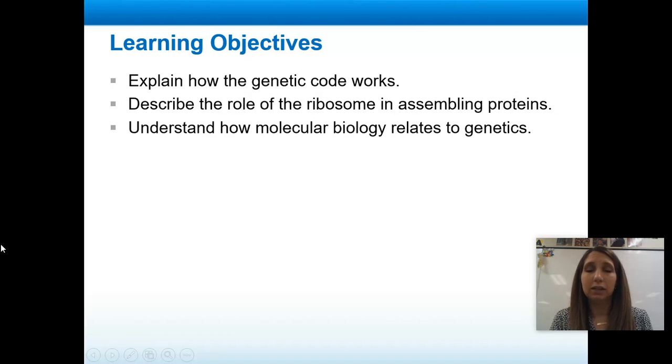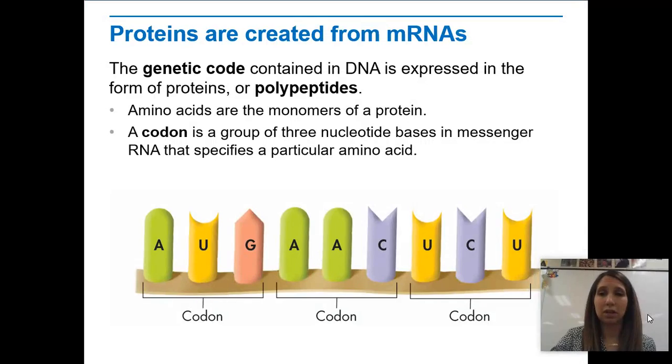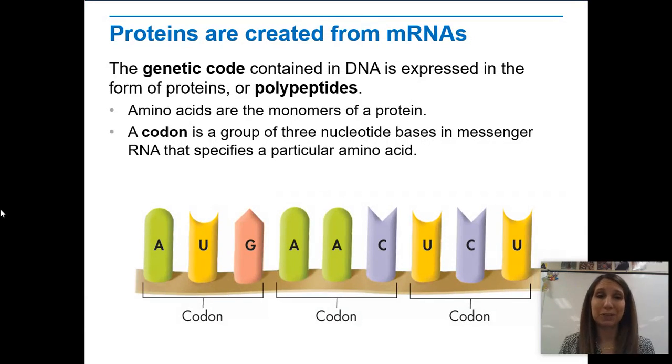We're going to look at the genetic code and how we can go from a sequence of nucleotides and letters like A's, C's, G's, and U's into a different language now of amino acids, which are the monomers, remember, that make up proteins. So we're going to look at exactly how that translational process happens. We're also going to talk about what the ribosome has to do with all this, and then review those different types of RNA that I just mentioned a few seconds ago.